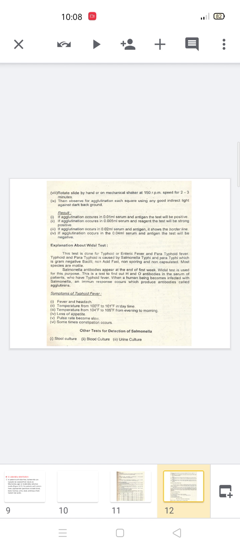Sometimes they ask write down the lab diagnosis of the salmonellosis, while in the majority they ask write down the lab diagnosis of the enteric fever or the typhoid fever, or write down the principle of the typhoid fever like this.